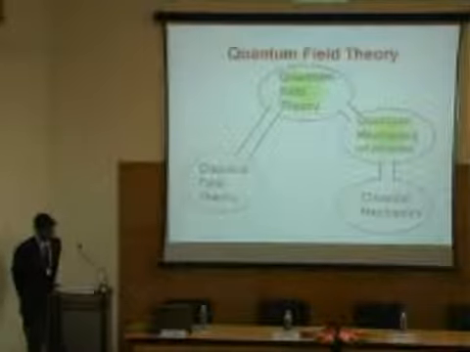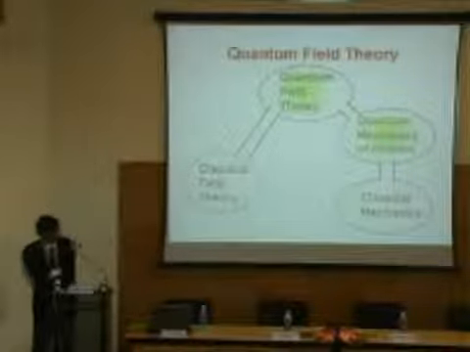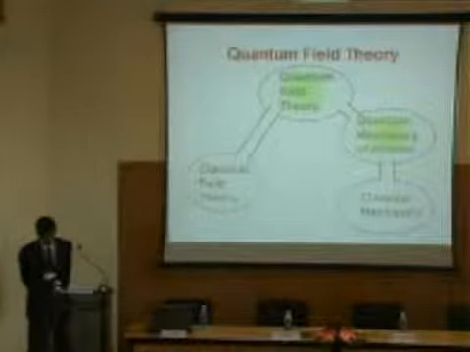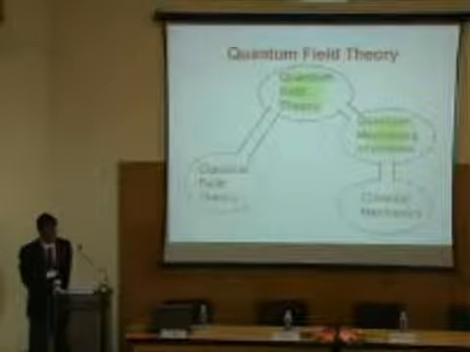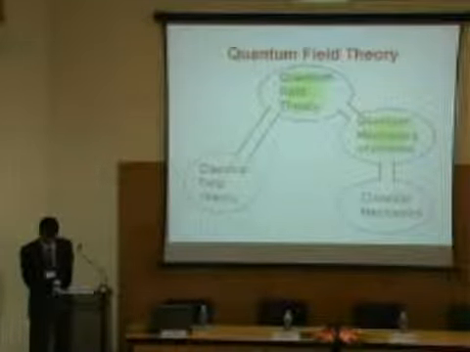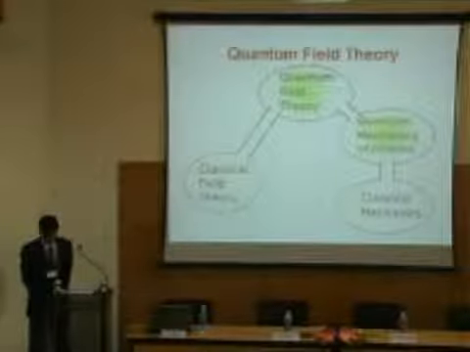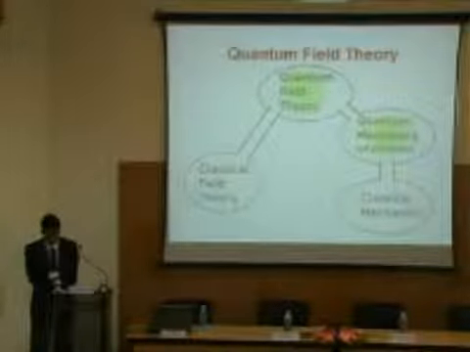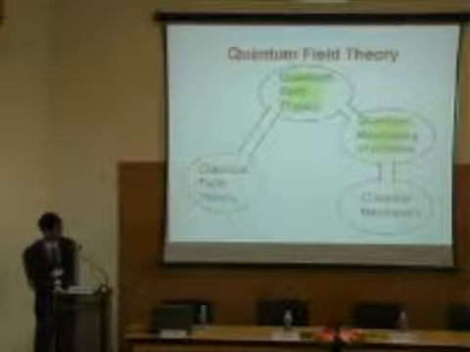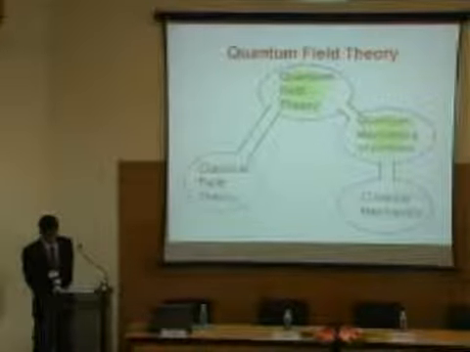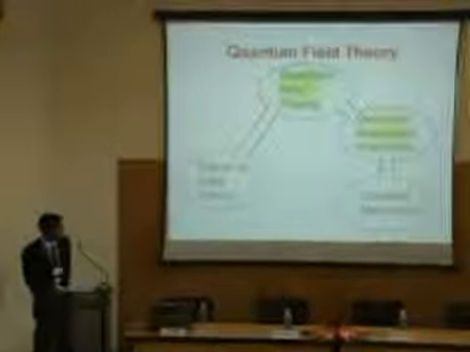So, leaving aside string theory for the moment, quantum field theory is the best way we have of describing the elementary particles of nature. So the next few slides, I'll try and give you an easy introduction to the subject. And just for a roadmap, as you can see, quantum field theory has two limiting cases.